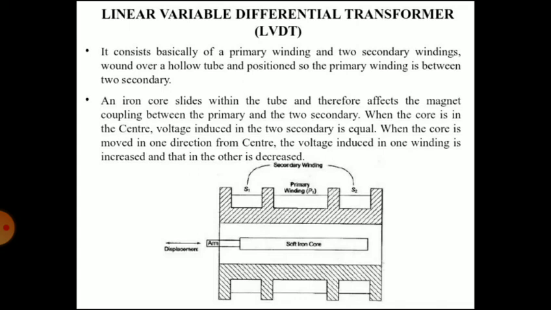The assembly is placed in a stainless steel housing. Since the primary winding is excited by an alternating current source, it produces an alternating magnetic field, which in turn induces alternating current voltages in the two secondary windings.